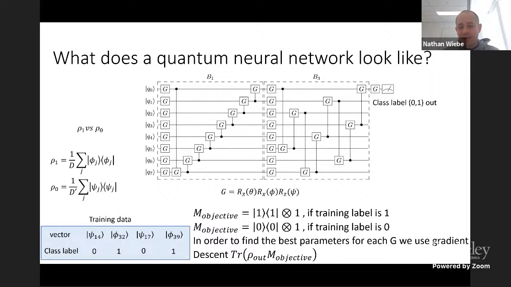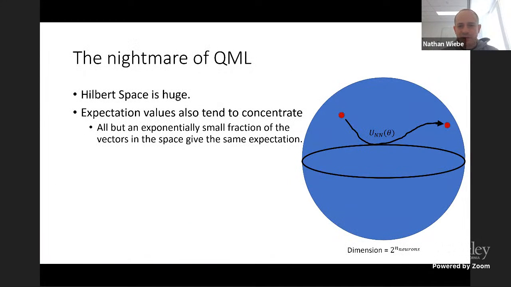So a natural objective function for us to optimize would be the average rate at which we end up getting the correct label coming back out of it. All right, so then we would just use gradient descent on all of these 3n angles that we end up getting for all the g's that are in here and try to optimize it. So that's the basic idea of what this ends up looking like.